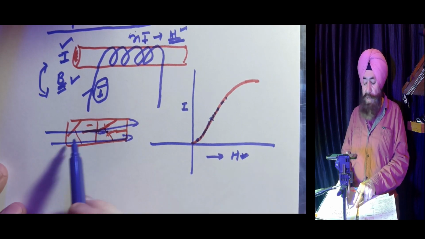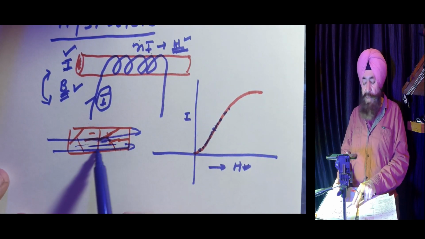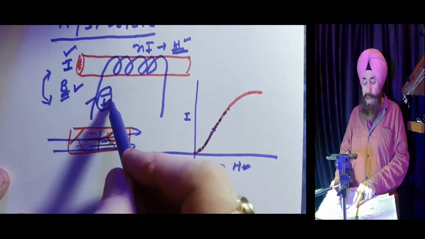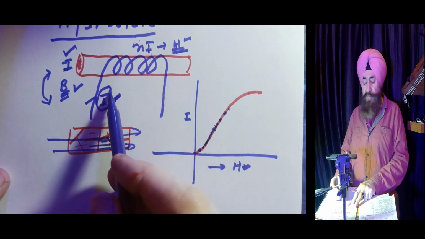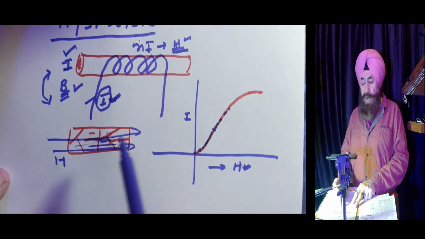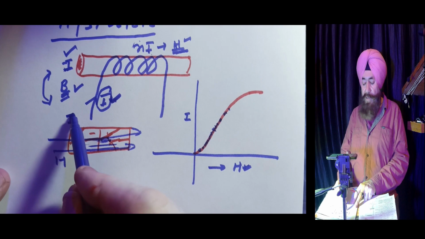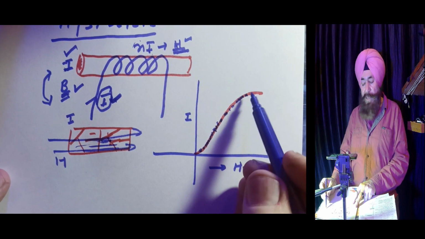By increasing the magnetizing field. How am I increasing the magnetizing field? I'm increasing this current. So current increasing means H increases, more alignment, and that means the intensity of magnetization increases.